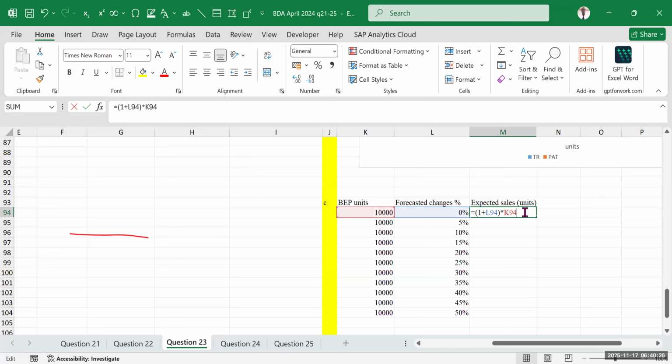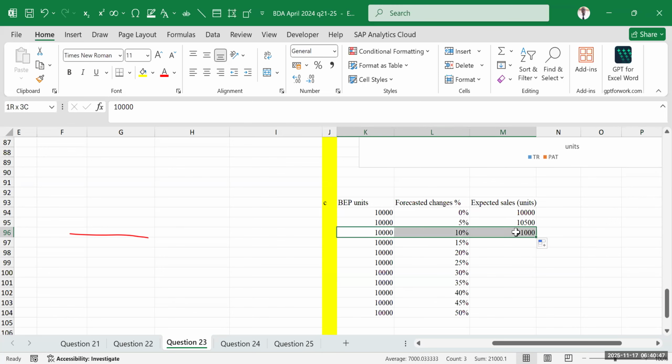We go, and now because we've set that formula, we go to the second bit. What will happen when we change it by 5%? Now you see our break-even point in units now changes to 10,500 units. What now will happen if we change our break-even by 10%? If I drag this formula a bit, you'll see now by 10% change, we are having 11,000.